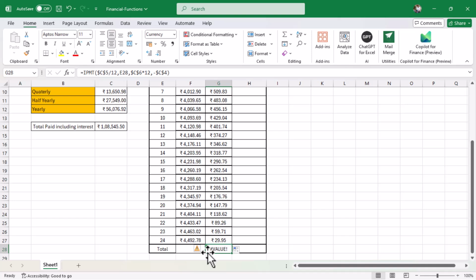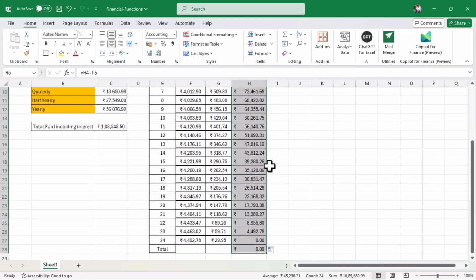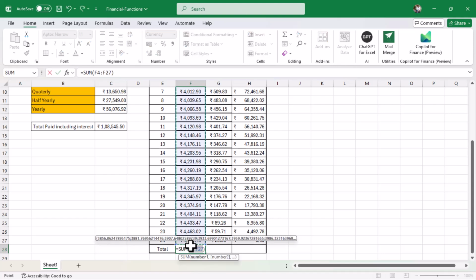And I'll erase this. Finally, I'll give a formula over here equal to balance minus this amount and hit enter. And then I'll just copy the formula down and you'll see in the end it becomes 0. Now I will just come over here and I'll press Alt and equal to calculate the total.